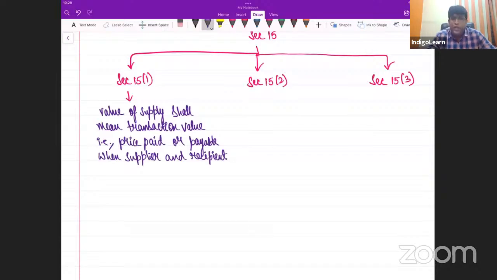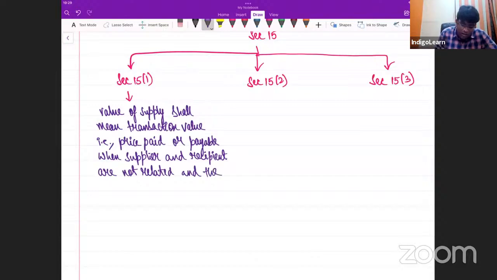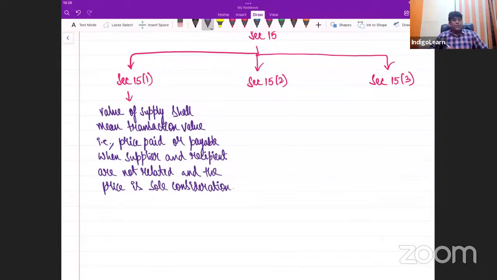Payable means it is still due, accrued, but not yet paid. What is the line, guys?